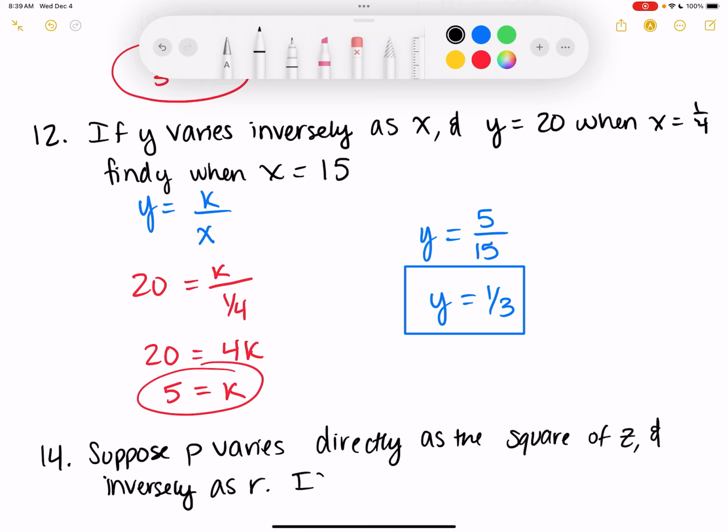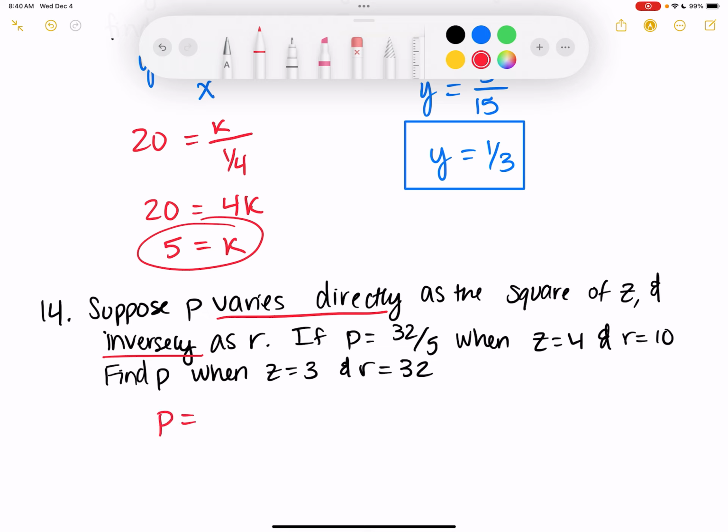Now, I've got to put that K in there. Even on an inversely, which is the one we just did, K goes on top, okay? So it's going to be K times Z squared for the directly part over R for the inversely part. So it kind of just pairs the stuff together. So we've got P equals K times Z squared over R.